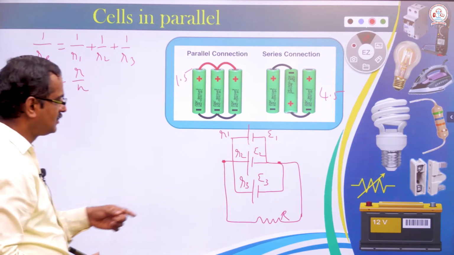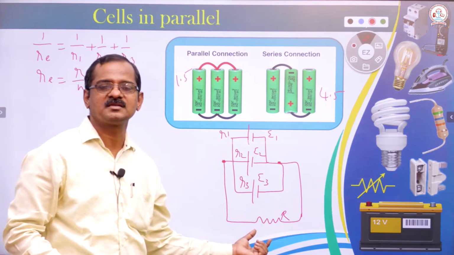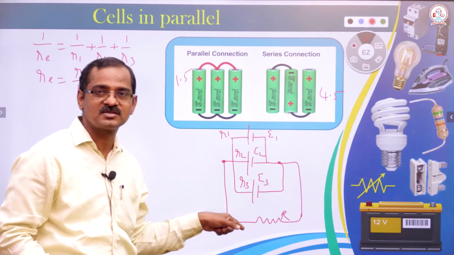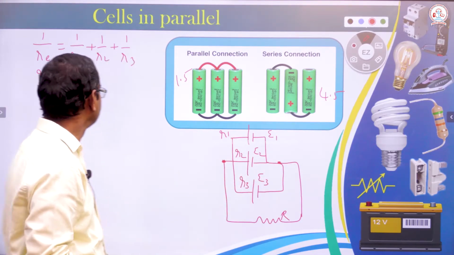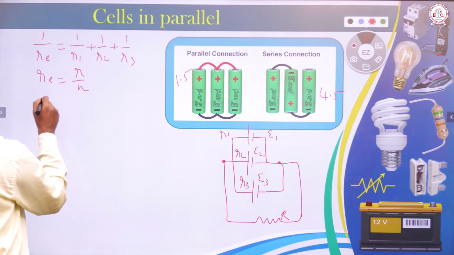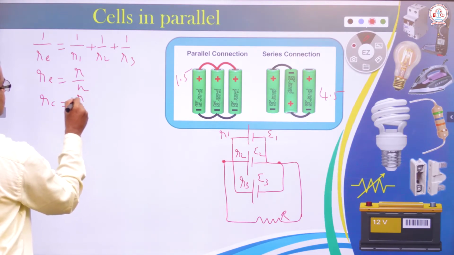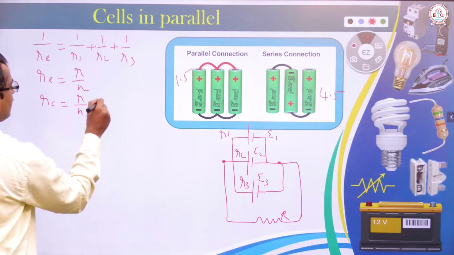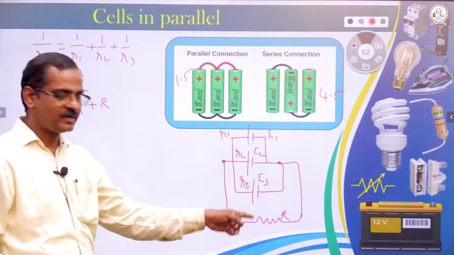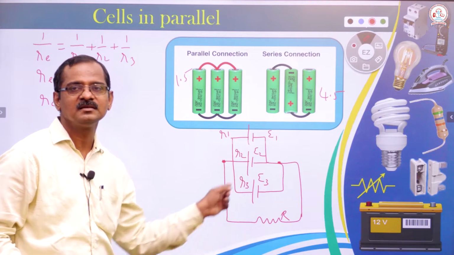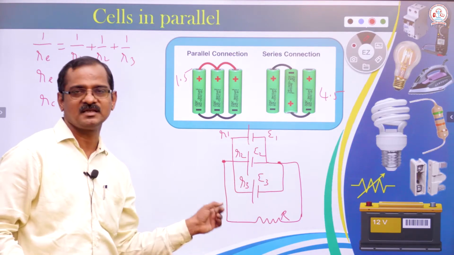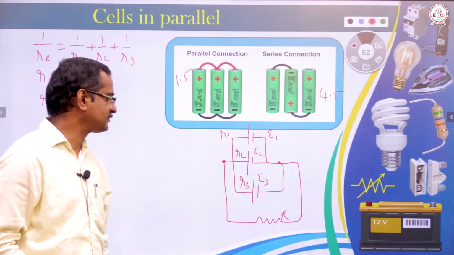But the external circuit resistor R is connected in series. Therefore, the overall resistance of the circuit is R divided by N plus R divided by N plus R, because this resistor is connected in series to the cells.